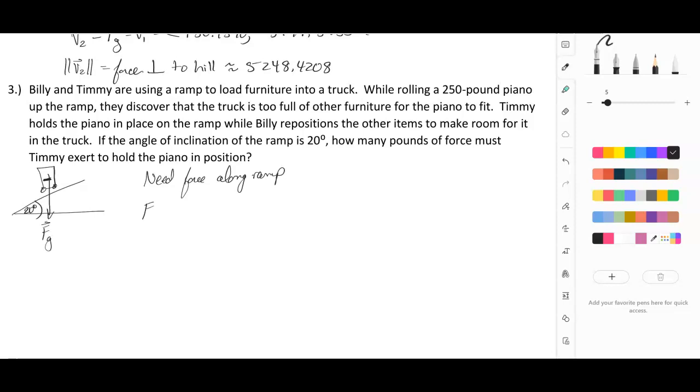And that gravitational force acts perpendicular to the Earth. The piano is 250 pounds. That's your gravitational force. Remember, it's acting in the vertical direction only, and it's always going to be negative because it's coming towards the earth.